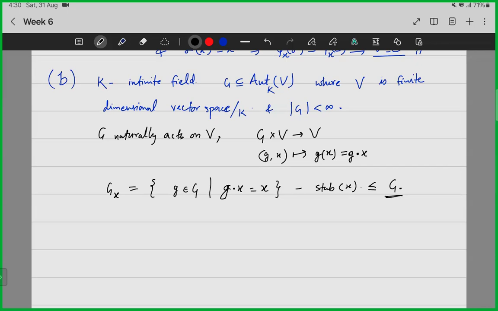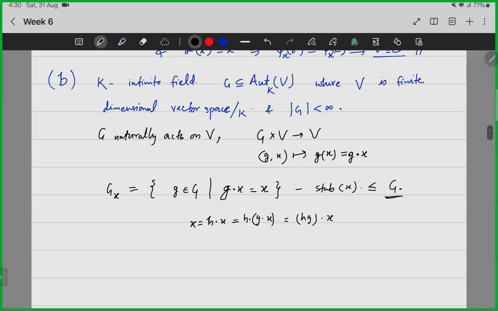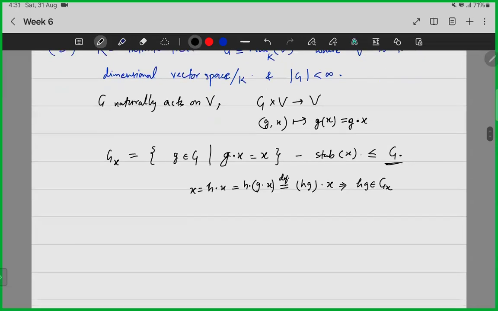First g(x), then h, so hg together, they are the same. So hg also belongs to G_x. This is by definition of action. You can prove this is a subgroup of G.